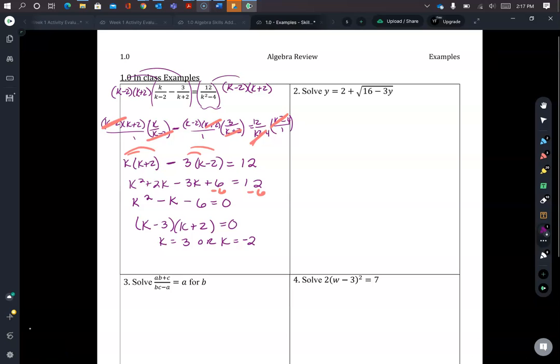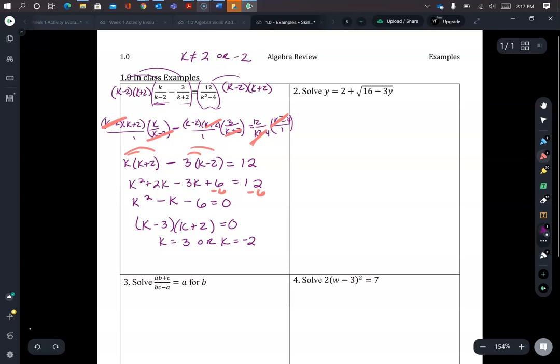We do have to check to see if they're both in the domain, or maybe only one or none is. So we're going to look back, and up here I cannot have k equal to 2, and it also cannot equal negative 2, because that will make the denominator 0.